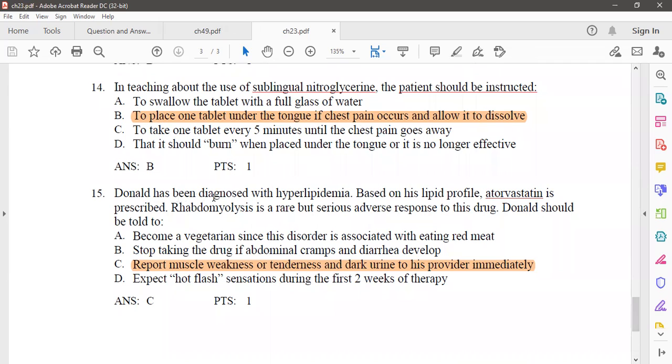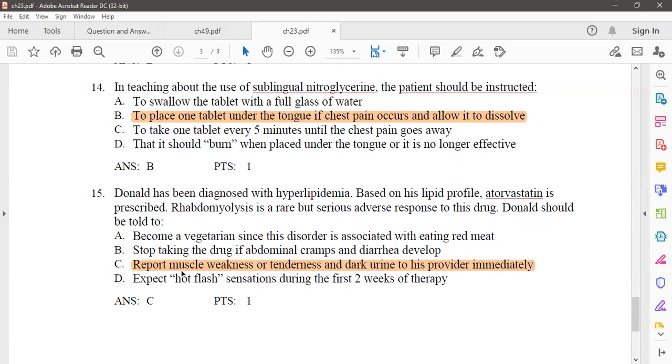Donald has been diagnosed with hyperlipidemia. Based on his lipid profile, atorvastatin is prescribed. Rhabdomyolysis is a very uncommon but serious adverse response to this drug. Donald should be told to watch for any signs and symptoms of rhabdomyolysis.